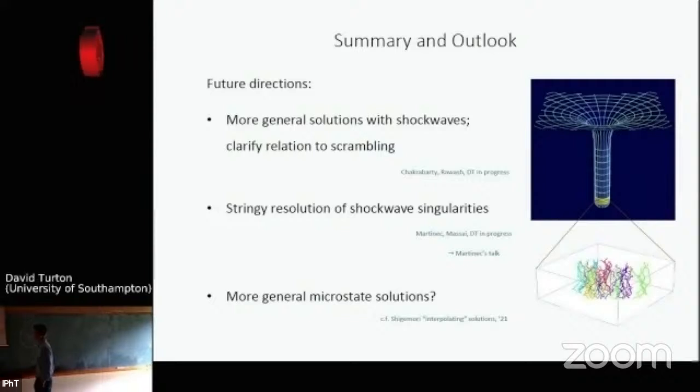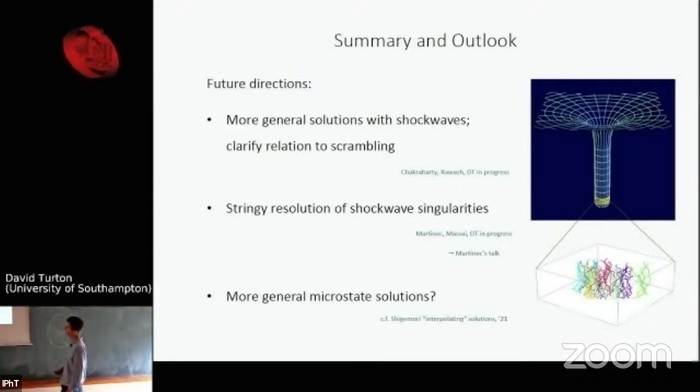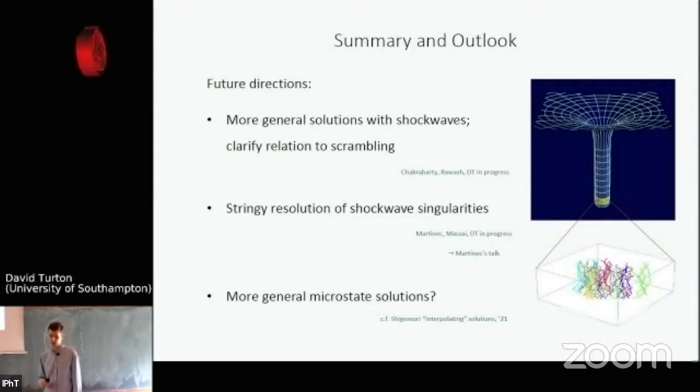Separately, these shockwave singularities should be resolvable, not necessarily in supergravity, but perhaps in string theory. And I think Emil is going to talk a little bit about that tomorrow. And also of interest is that one may be able to use these singular solutions as some data points on the edge of the phase space of smooth microstate geometry.